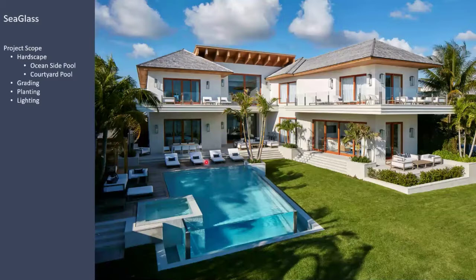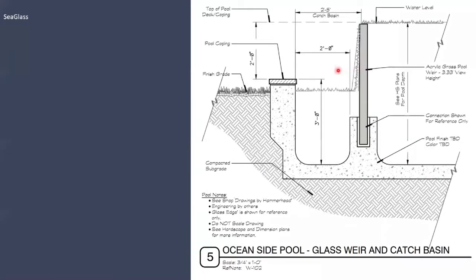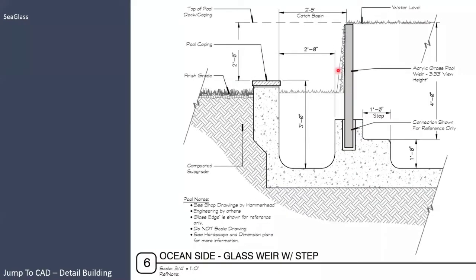So this was the oceanside pool. We've already covered the weir with the glass. There's a print version of the detail I showed you how to build. And during the process of working with the builder, the client and the architect, we built in a step towards the end, so you can step up, lean over, and have a nice view overlooking the ocean.